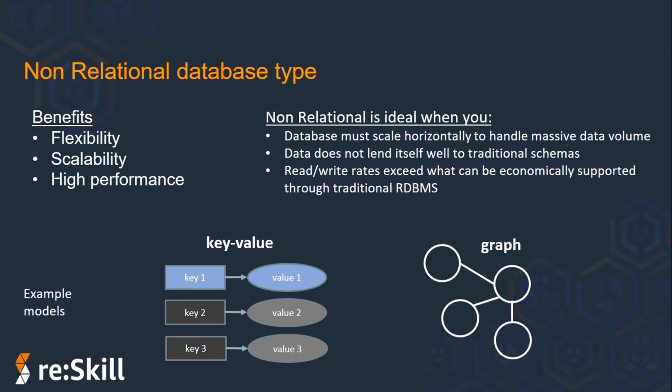These schemas are dynamic, and for example, a row does not need to contain data for each column. Also, the NoSQL database can scale horizontally by increasing the number of servers that it runs on. The flexibility and scalability are a good thing here.